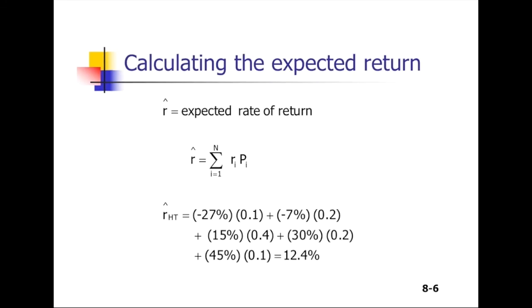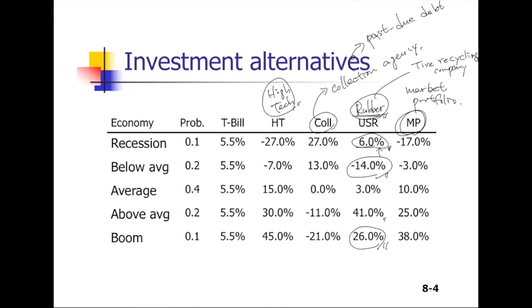Let's calculate the expected return. As you can see, expected return can be calculated by taking each state's expected return and multiplying by each probability. So in the high-tech company case, you multiply these probabilities, right?